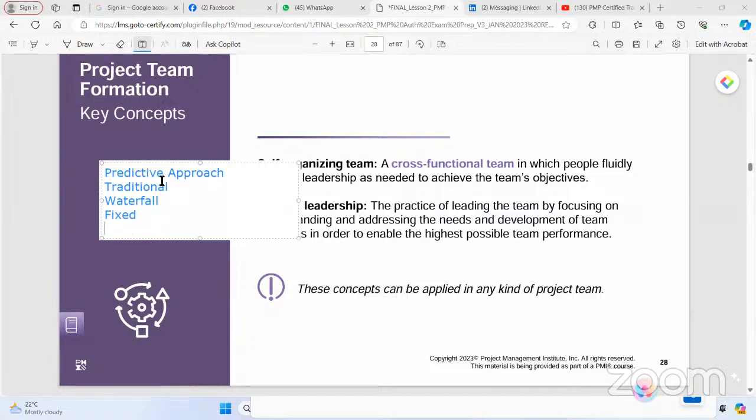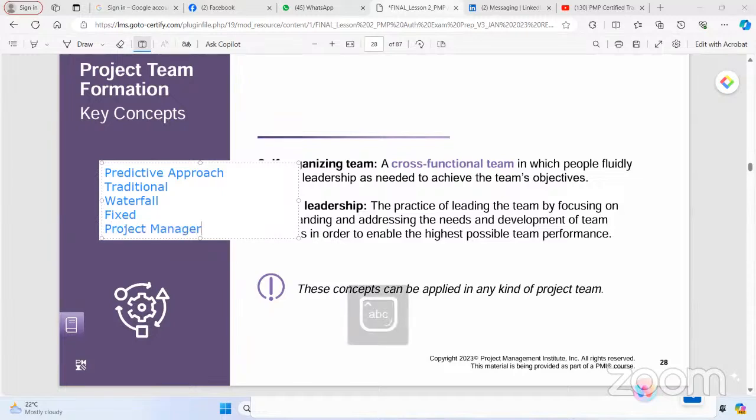So we will have some rigid structures around that, which means that if the scope needs to be changed, we will have properly documented procedures and so on. So in this type of environment, we do have a project manager.